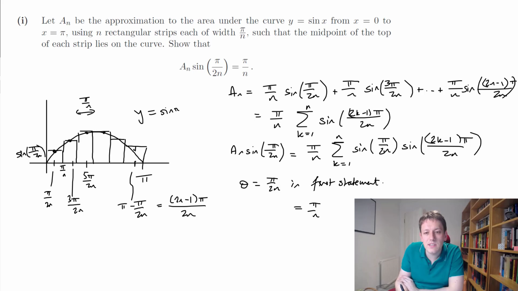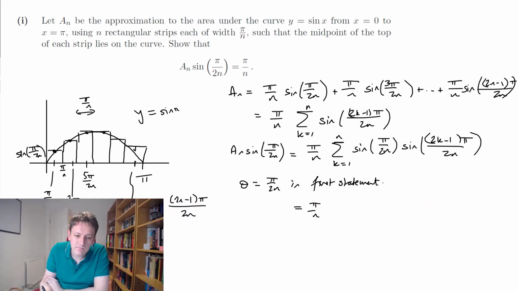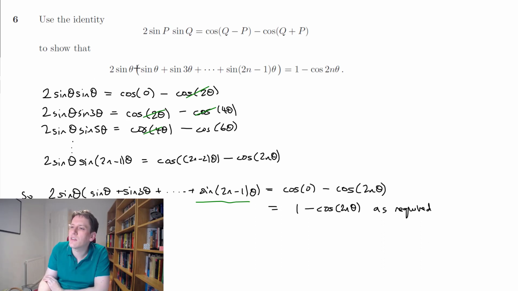But what that means is that I can replace this whole sum with a half times 1 minus cosine of 2n times pi over 2n. So what I'm doing here is going back to that previous statement and saying, if I take theta to be pi divided by 2n, then this whole thing is the sum.